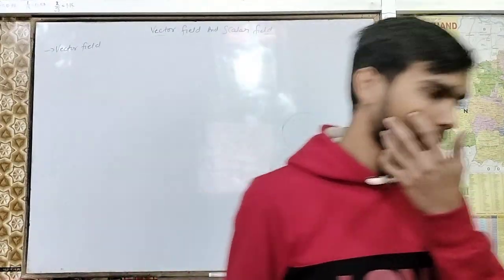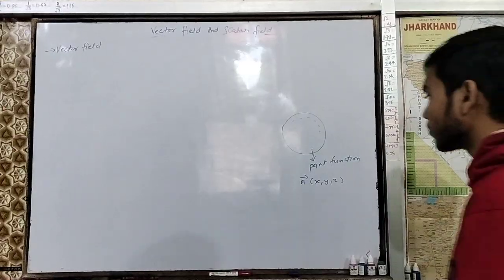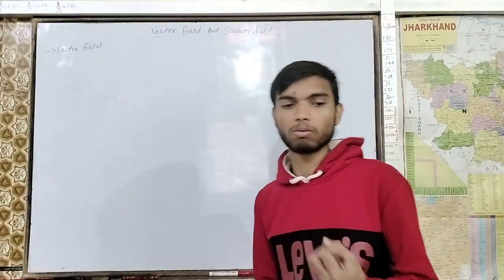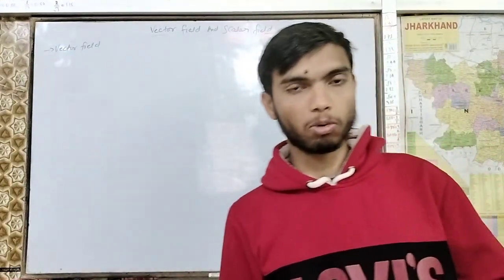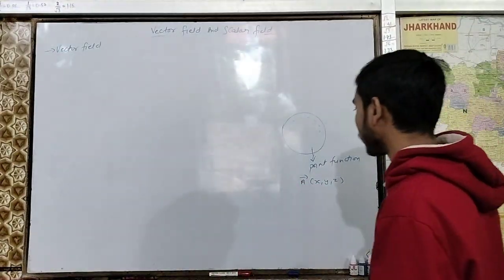Remember, it is a function. Function means we put in a value of a variable, then we get output. We put in input and we get output. This is the meaning of a function.